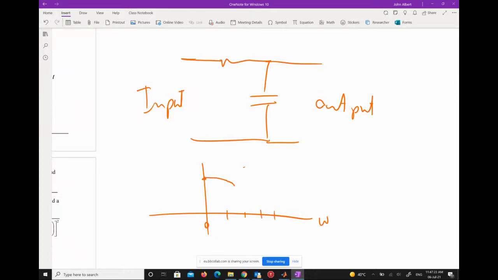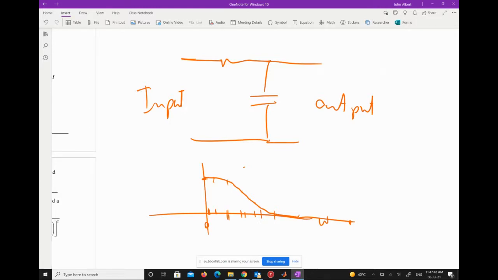As you increase the frequency, what happens? The magnitude response drops to 0. It basically indicates that if you put in low frequencies, the output is exactly the same. A little bit higher frequency, the output may be slightly attenuated. Higher frequency, attenuated more. Higher frequency, attenuated more. And at the end, if you put in extremely high frequency, the signal is completely eliminated.